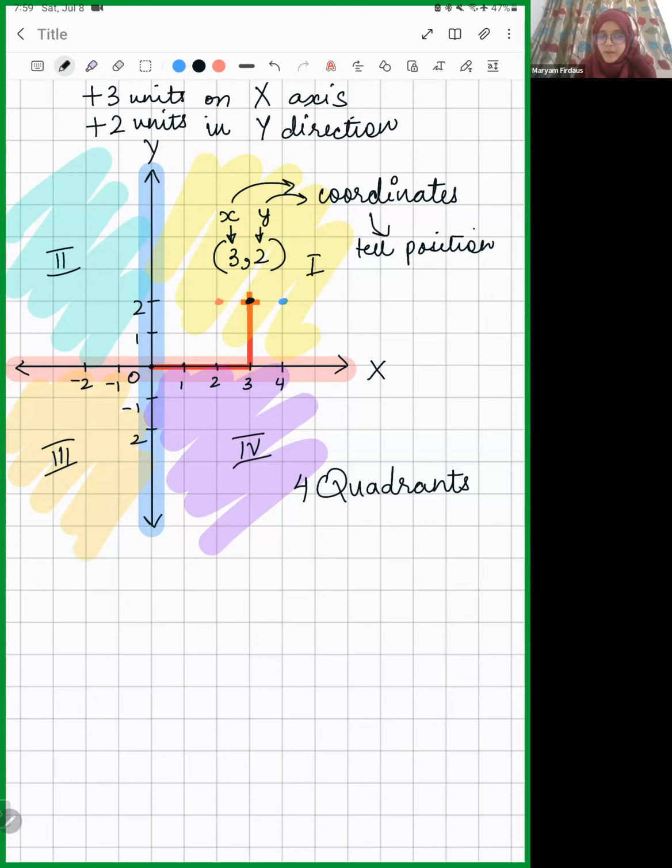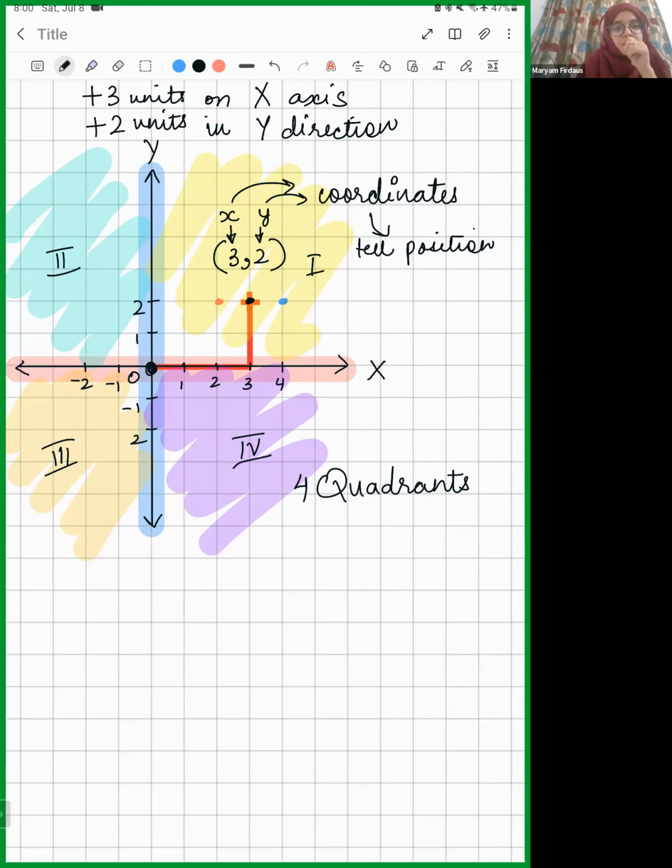What do we call zero? I mean, zero is in all 4 directions. Are you talking about this point, the O point? Yes. There are some questions that say 0 dash 2.